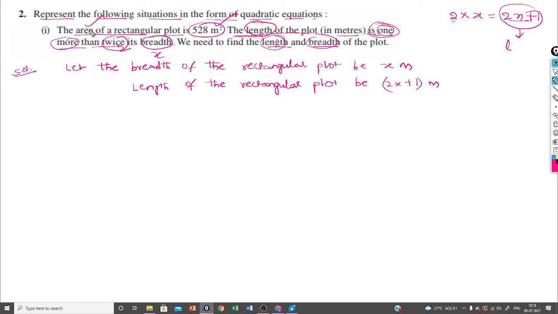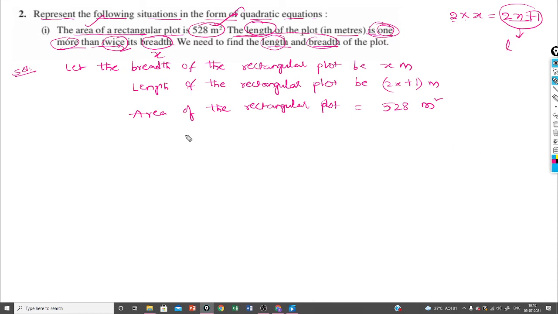Coming to the question again, the area of the rectangular plot is given as 528 meters square. Area of the rectangular plot is equal to how much? 528 meter square. Here you have to know the formula for the area of the rectangle. What is the formula?